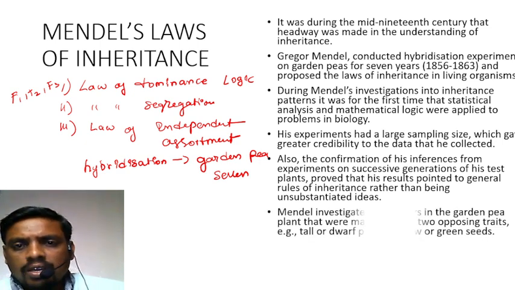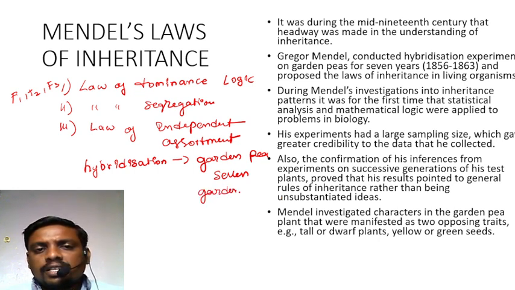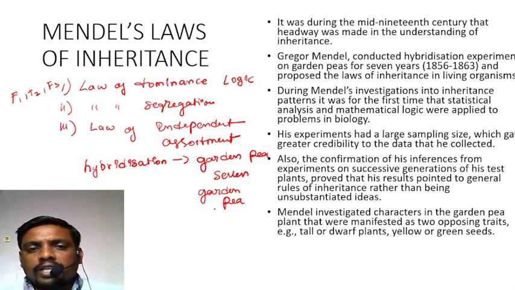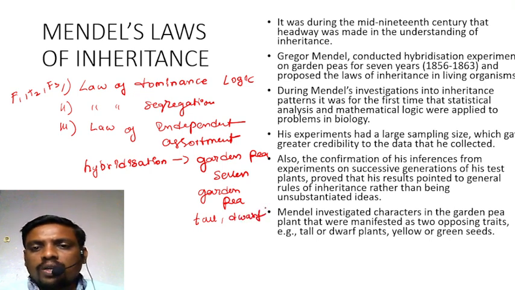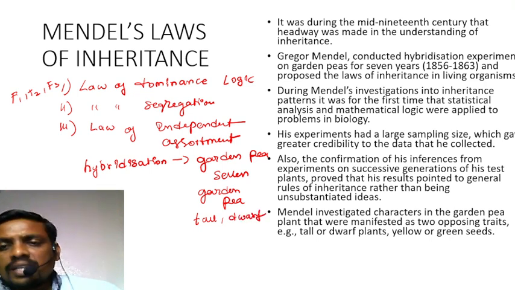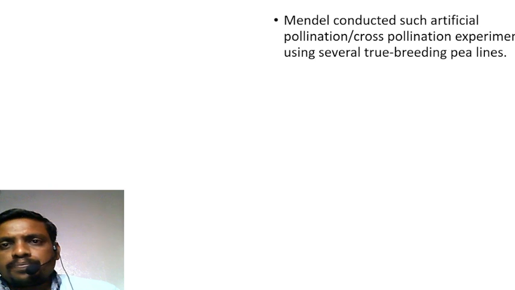Mendel investigated characters in the garden pea plant. For example, he took two opposing traits: tall and dwarf plants. Yellow and green seeds he also selected for another hybridization experiment.